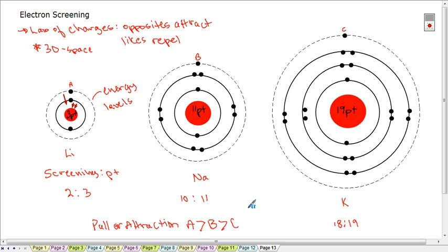In the follow-up lessons, we're going to talk a little bit more about these and look at how this concept of electron screening, which is all derived from the law of charges, plays a role in creating patterns that we notice from collecting data of different elements in the periodic table. So the next lesson will be on ionization energy and electron affinity and comparing the different values of elements in the periodic table and trying to decipher why they are the way they are.